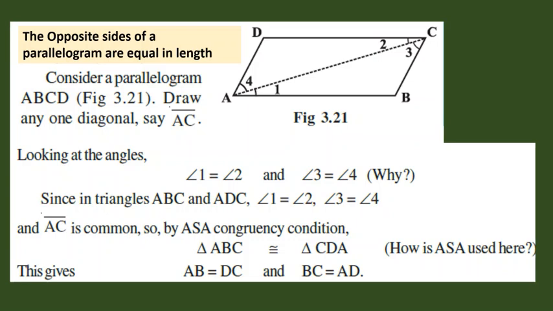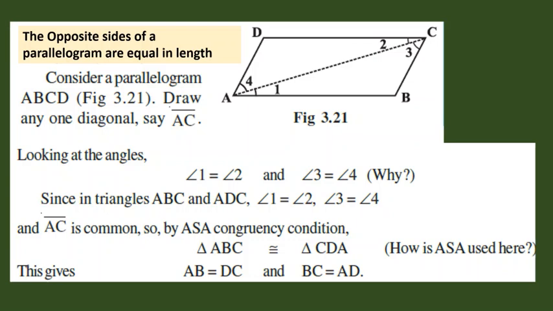So, one common line segment AC, for that angle 1 and 3, and for the same AC, 2 and 4, they are equal. 1 is equal to 2, 3 is equal to 4. Therefore, it is ASA, angle side angle, two angles and one side. Included side, not just any side. The two angles are on the same side if you see properly.